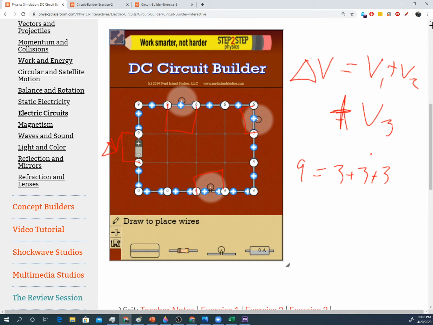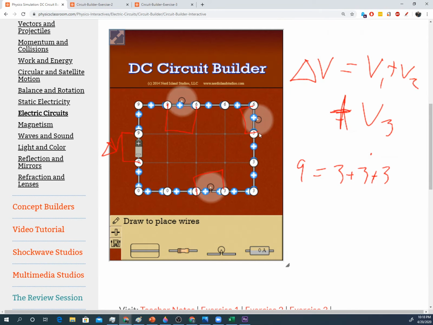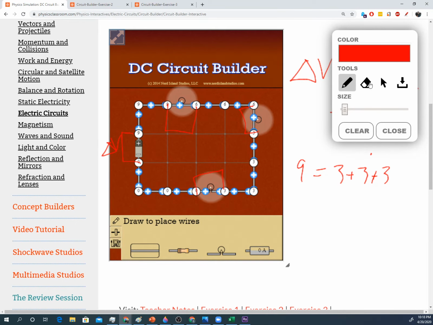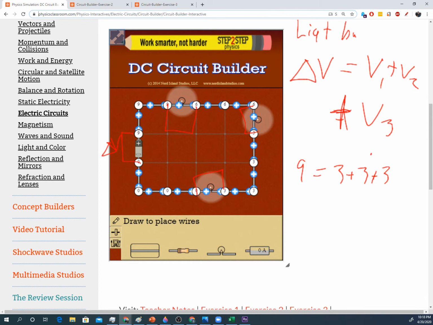And then when we had them in parallel, let's go ahead and take this and rearrange it. So I should write here that this very specifically was when light bulbs were in series.